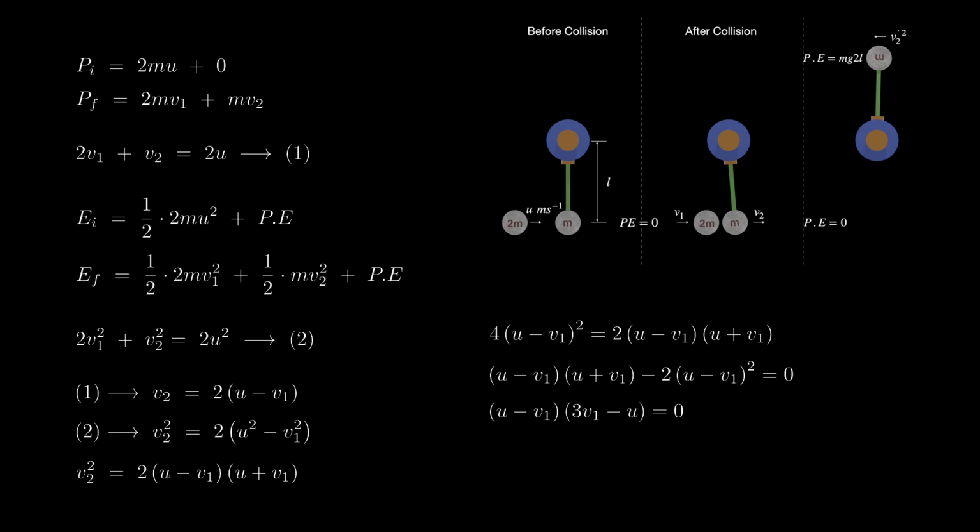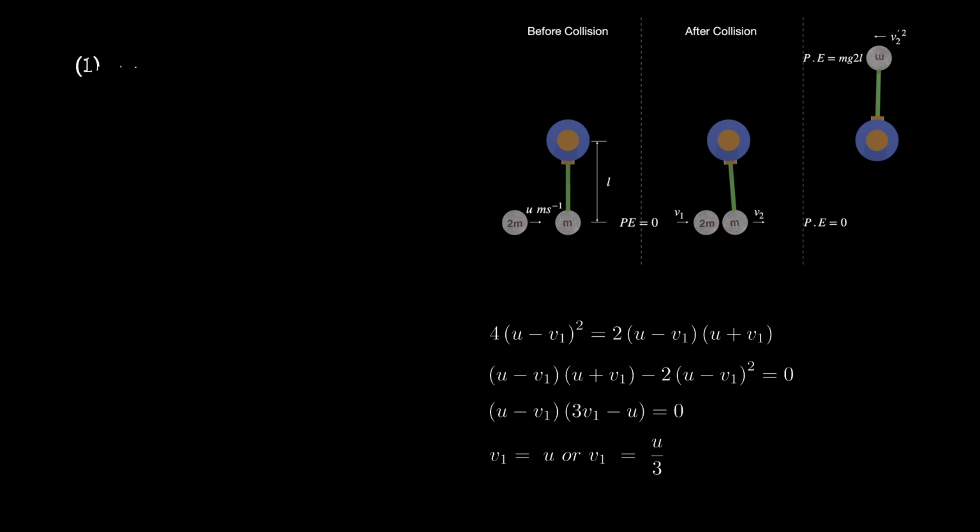However, the only physically meaningful solution is 1/3 of the initial velocity. The other solution, where V1 equals u meters per second, corresponds to the scenario where the sphere of mass 2m completely misses the target, resulting in no collision. We will substitute the derived expression for V1 into equation 1 to find an expression for V2 in terms of u meters per second.